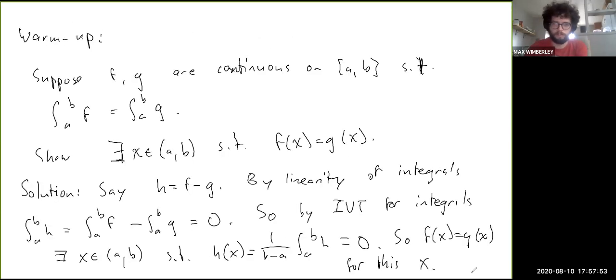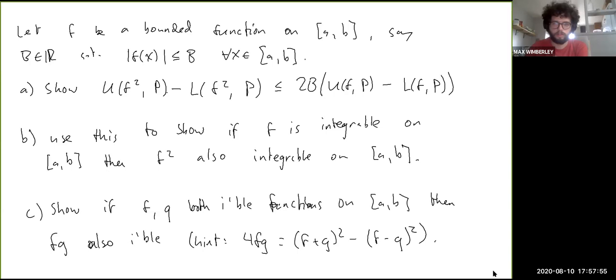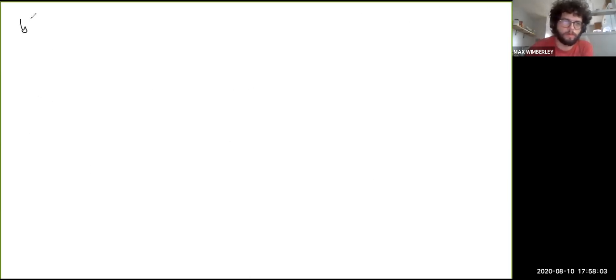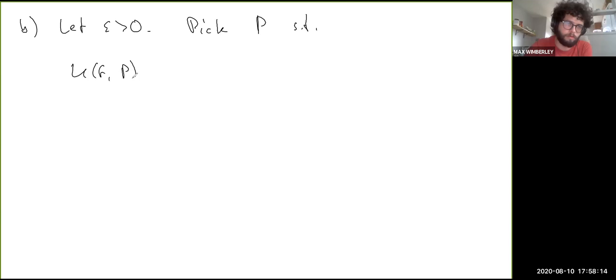Let's finish this off. The second two parts, given the first part, are not that bad. For part B, let epsilon be greater than 0, then pick P such that U of f, P minus L of f, P is less than epsilon over 2B.